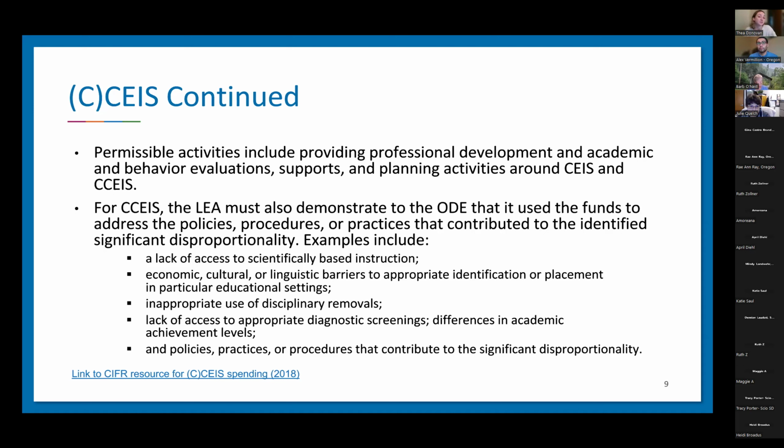This is a really great way to use funds, and if you're interested in doing that, definitely reach out. We would love to work with you. We just want to make sure we've got all of the supports in place so that you're able to keep track of those funds and we can remain in our lane fiscally.